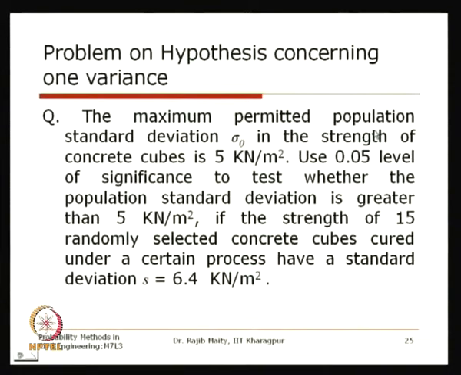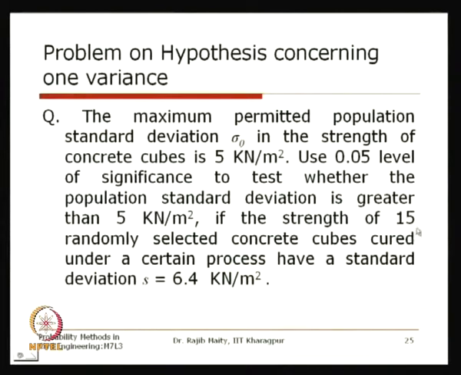We will take one example here. The maximum permitted population standard deviation sigma naught in the strength of a concrete cube is 5 kilonewton per meter square. If this is our requirement, use the 0.05 level of significance to test whether the population standard deviation is greater than this threshold value, 5 kilonewton per meter square, if the strength of 15 randomly selected concrete cubes cured under a certain process have a standard deviation equal to 6.4 kilonewton per meter square.